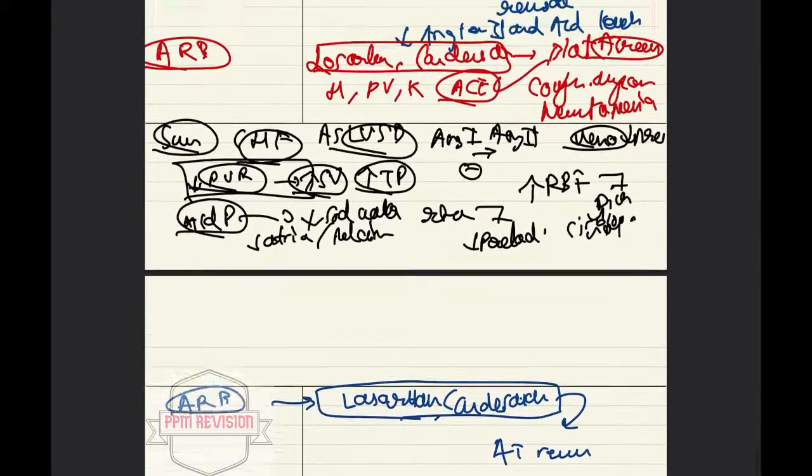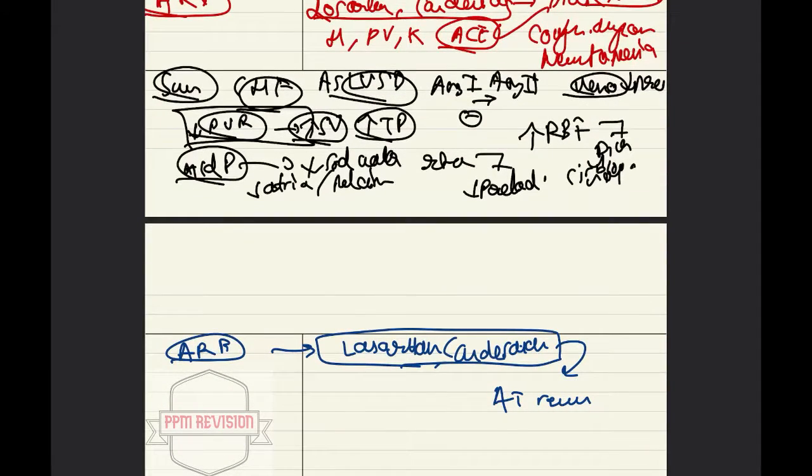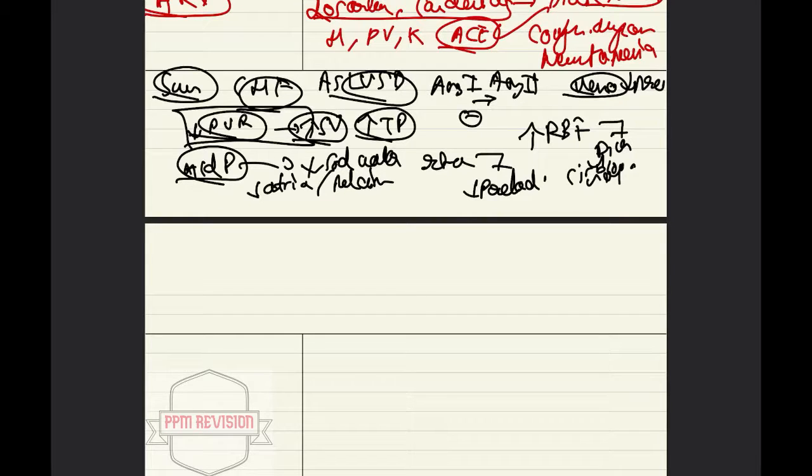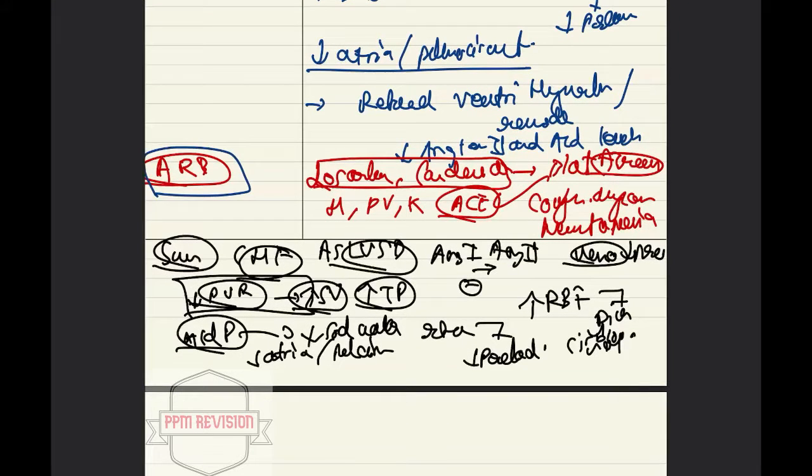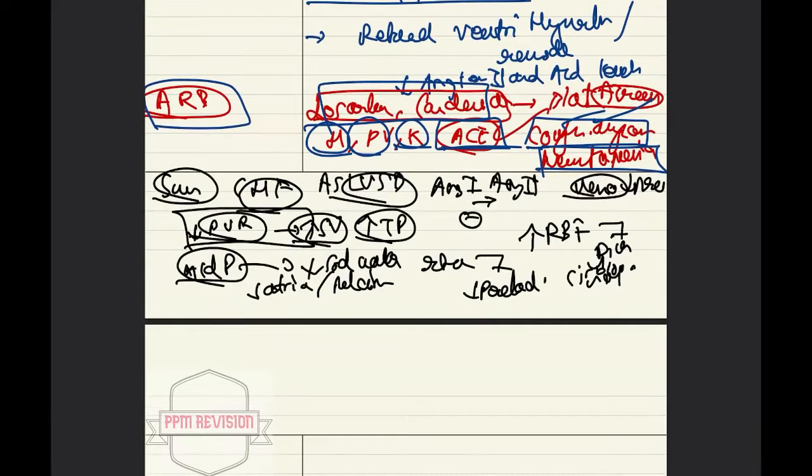I've already discussed this, so I'll quickly mention it here. What is seen is it acts on the receptors of the heart, the peripheral vasculature, as well as the kidney. It is used as an alternative, because ACE inhibitors can come with cough, angioedema as well as neutropenia. Due to this, ARBs are preferred.